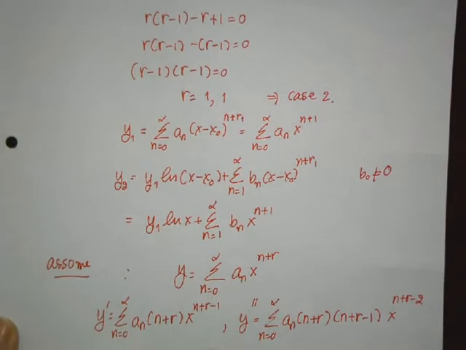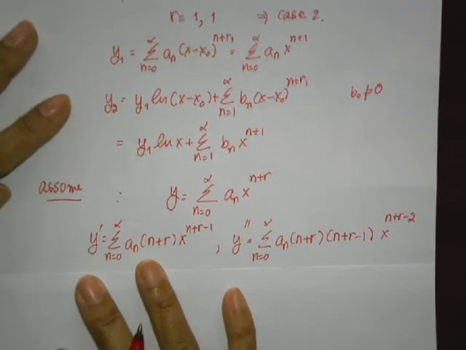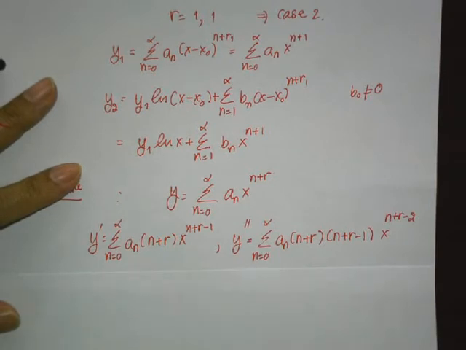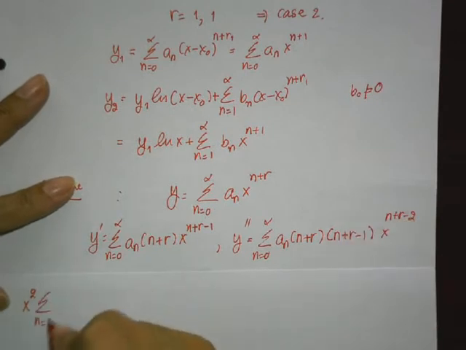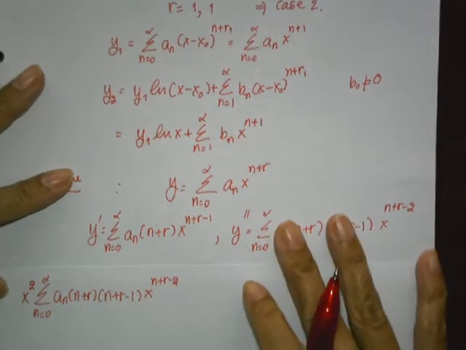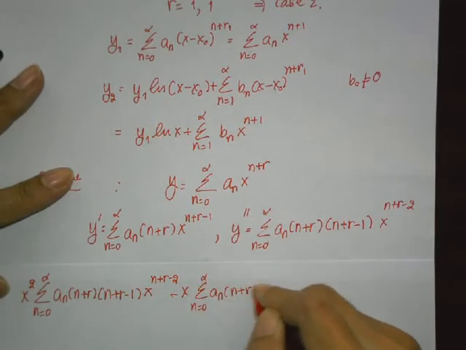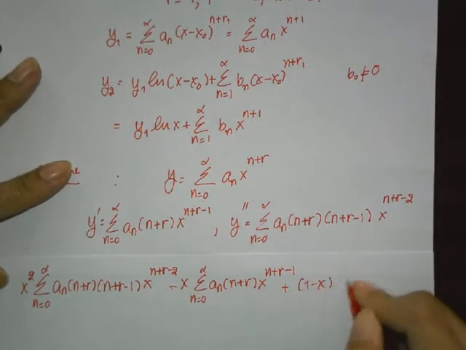Then we just plug it into our differential equation: x squared times the second derivative of y, minus x times the first derivative of y, and then plus (1 minus x) times y.